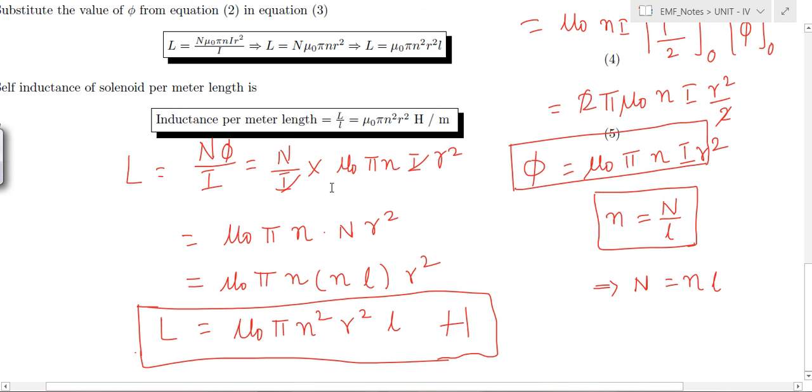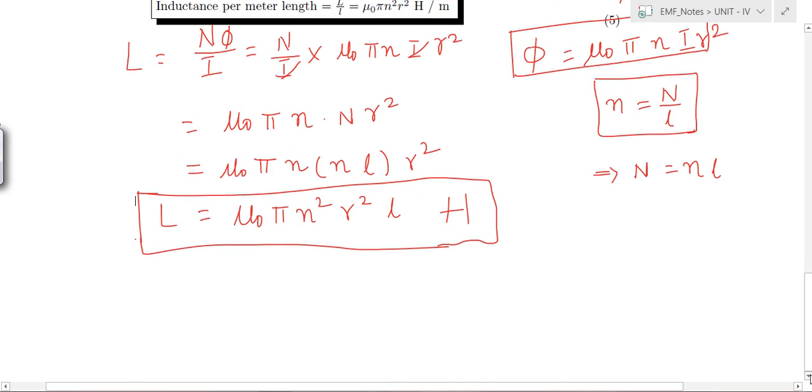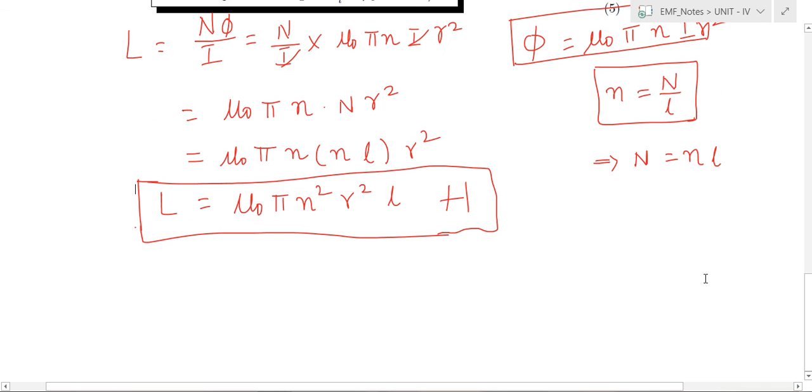So from this we can find out the inductance per unit length.